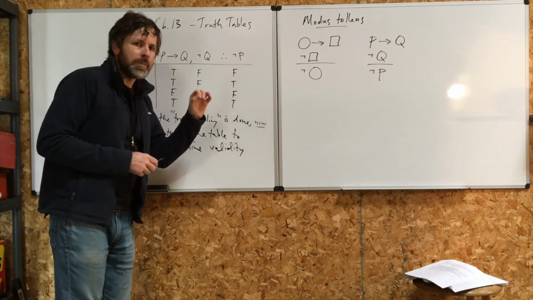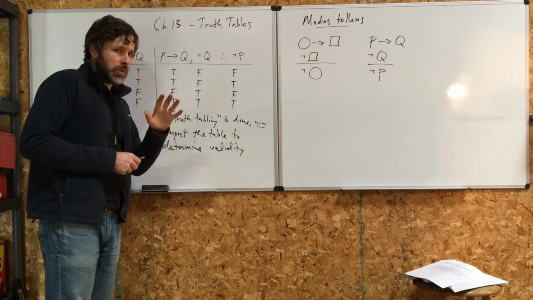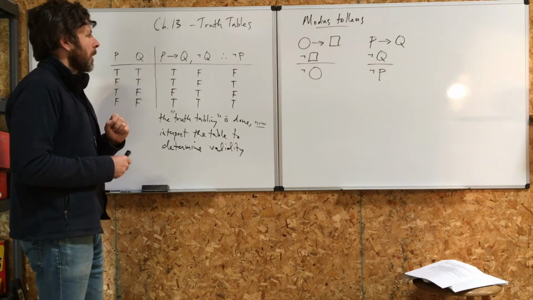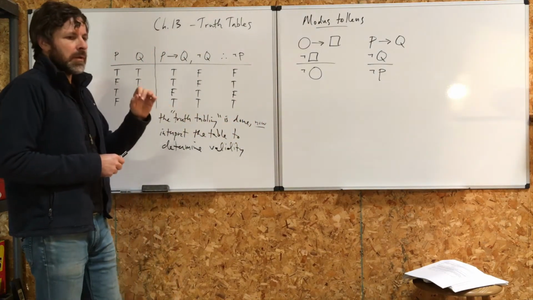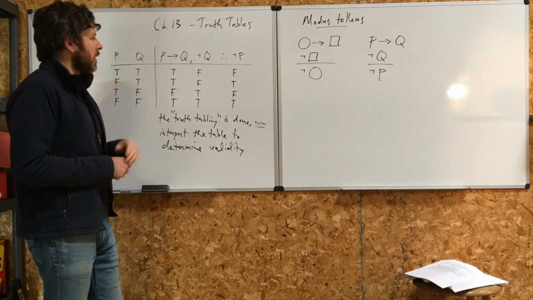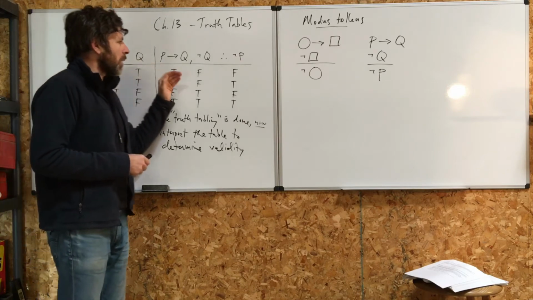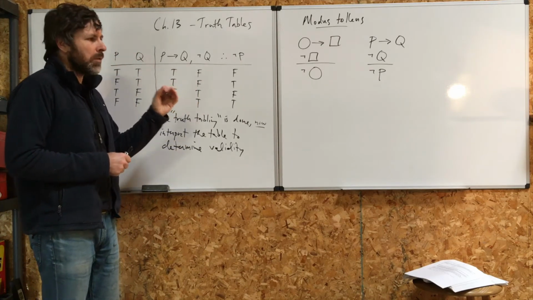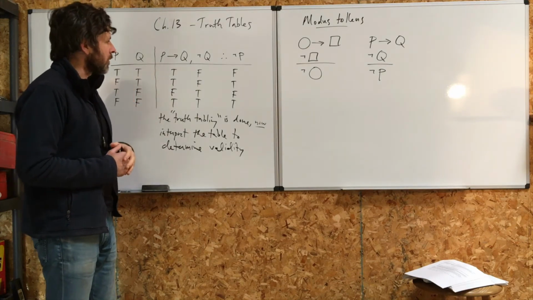Look for a row where the premises are all true. Okay? They turn out to be true, but the conclusion false. Is there a world, in other words, where the premises don't guarantee the conclusion? Is there a possibility? Okay?